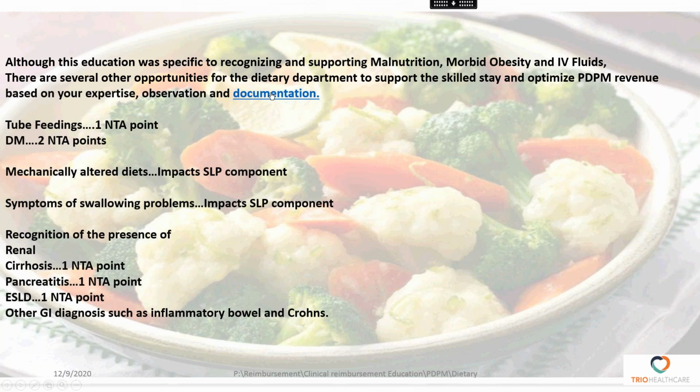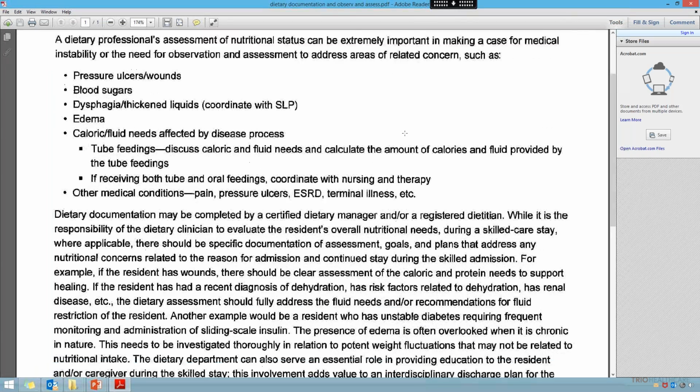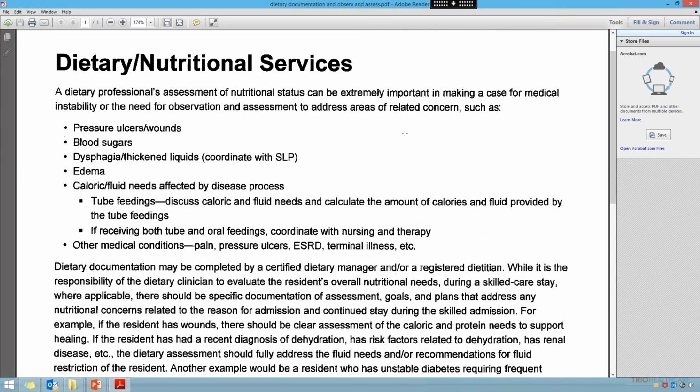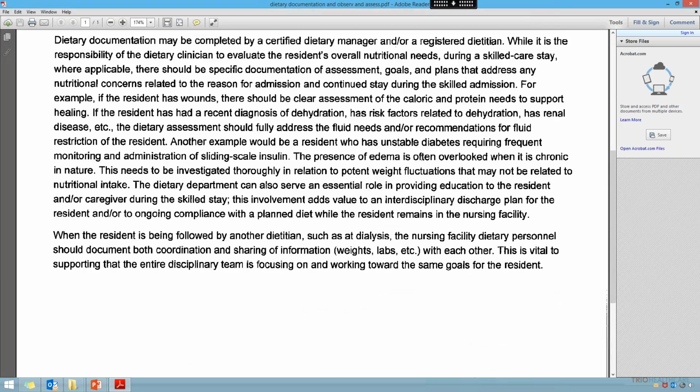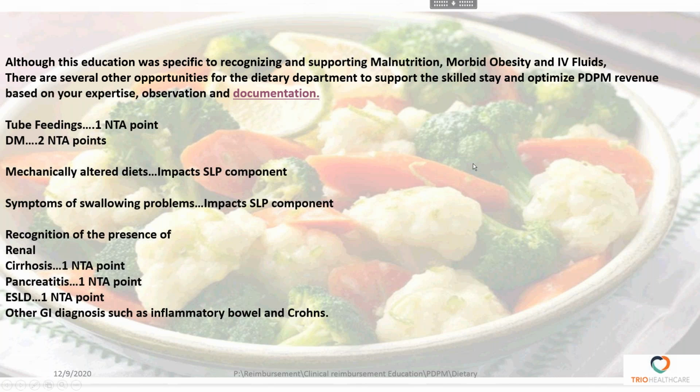Once again, clicking on a link will open up a series of information for you to be able to use and consider as you're creating dietary and nutritional services. This is a note, a guideline that is put forth by the ANAC. So you'll see here that's the ANAC learning community, and it gives you some information about what we should be including in our documentation.